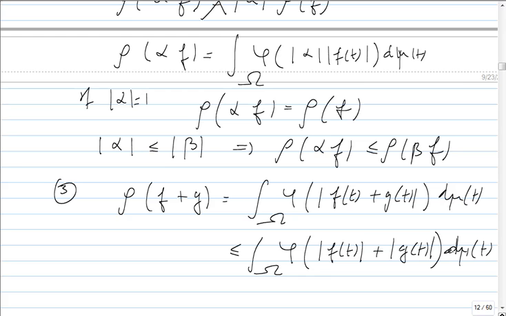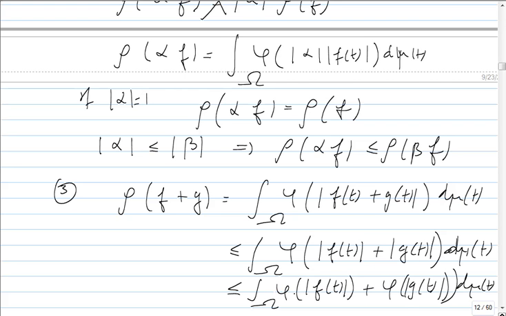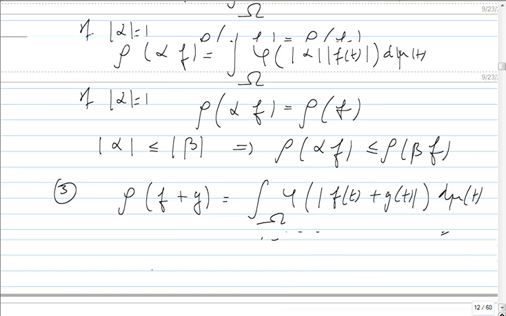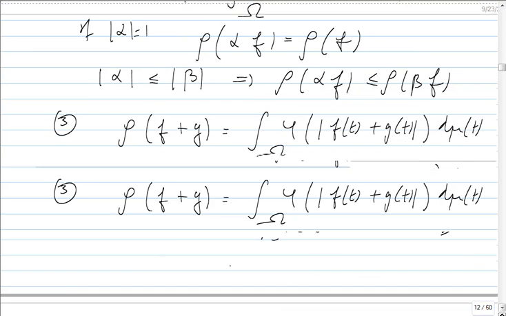But there is no way we're going to have this less than phi of f of t plus phi of g of t, d mu of t. This will only happen if phi is subadditive.